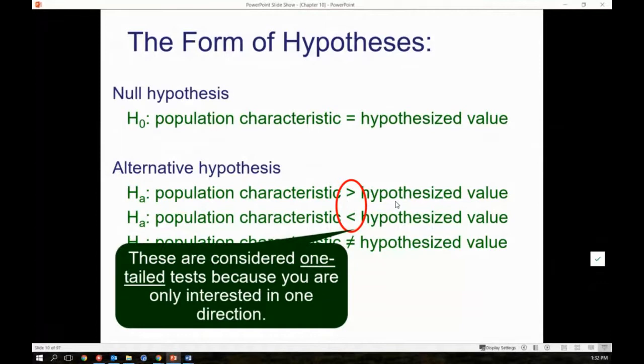So the first 2 alternative hypotheses are considered one-tailed tests because we're only interested in what's happening in one direction. Either strictly greater than or strictly less than. We don't care about the other side.